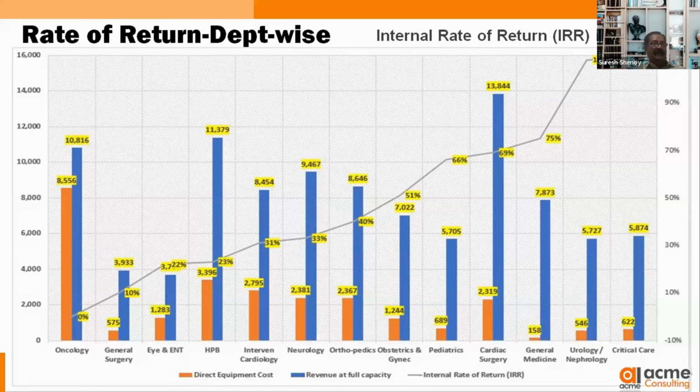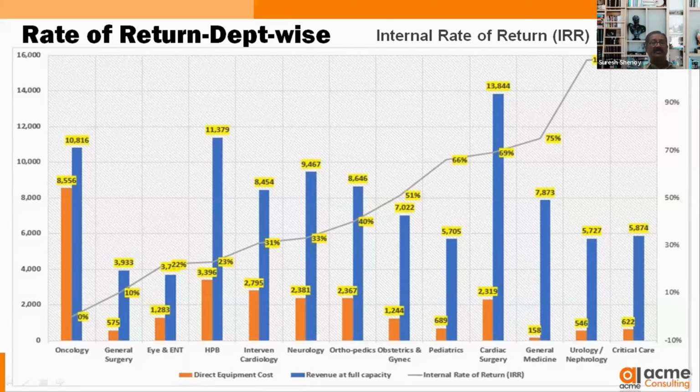If you look at the ROI also, you can see that it goes like this. This is the ROI going from 0%. It goes gradually in various departments. You can see how it is moving. And for the critical care, the ROI is 109%.